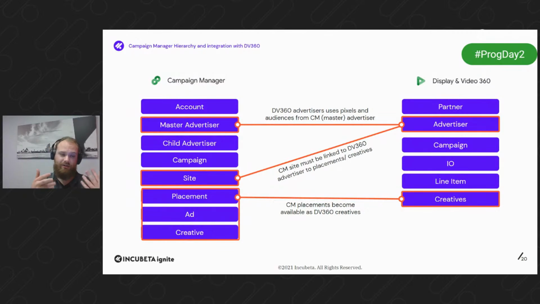It won't tell you everything that is inside that placement. If you have multiple creatives in an ad in a placement that pulls through to DV360, you'll just see the placement name, and Campaign Manager is going to rotate those ads automatically in the background for you. So when we build campaigns in DV360 and assign creatives, we're assigning the equivalent of the placement in Campaign Manager.